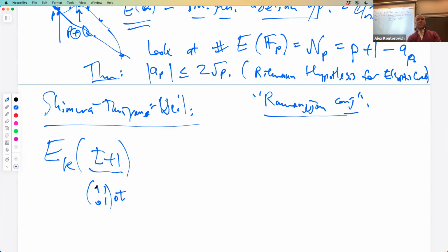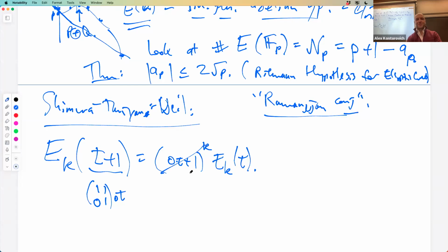Because this matrix gives tau plus 1 over 0 tau plus 1. So that's just tau plus 1. That's just translation. If I replace tau by tau plus 1, what happens? I get (CZ plus D) to the K times E_K of tau. And what is CZ plus D? That's 0 tau plus 1, to the K.